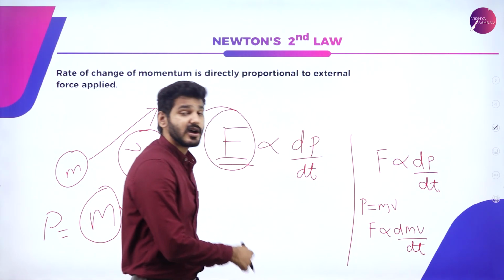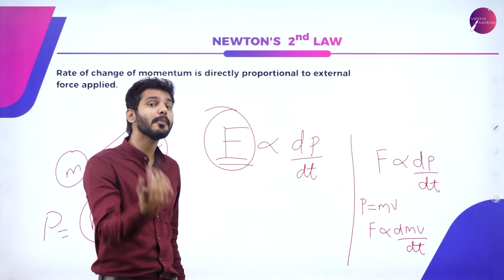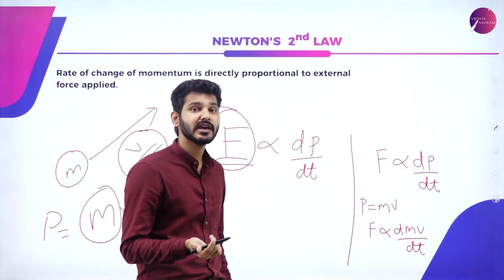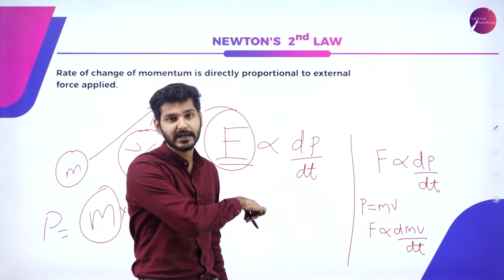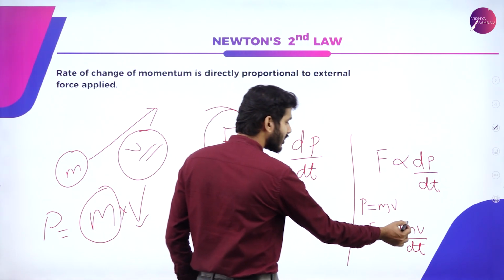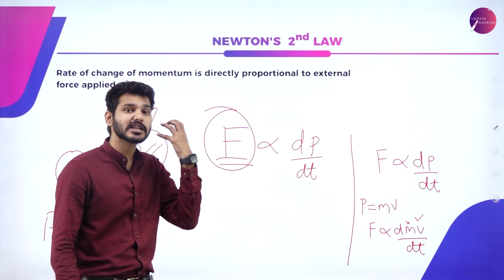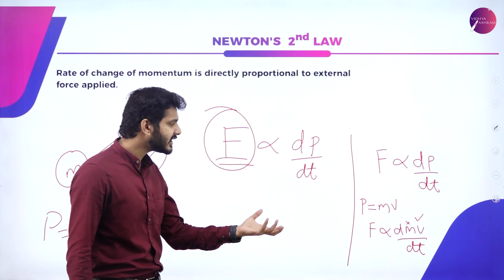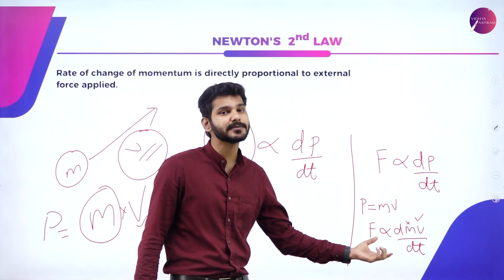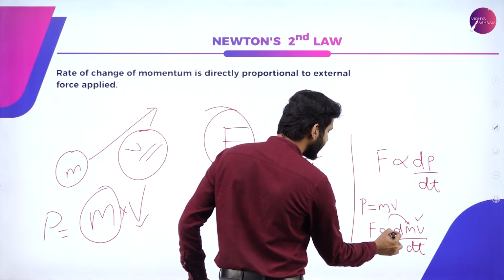And we know that a derivative operator can only operate on a varying quantity. Here, mass is not the varying quantity, but velocity is, which means mass is a constant. If there is any constant quantity inside this operator, it comes right outside.